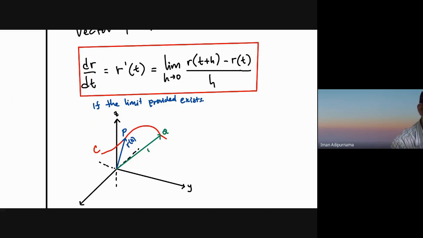And this is the vector r of t plus h. And this will be the difference in between. So this will be r(t plus h) minus r(t).